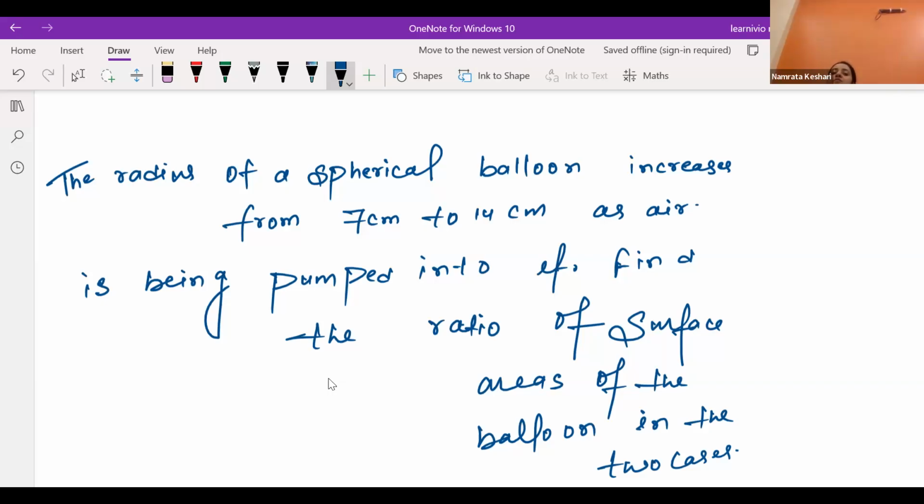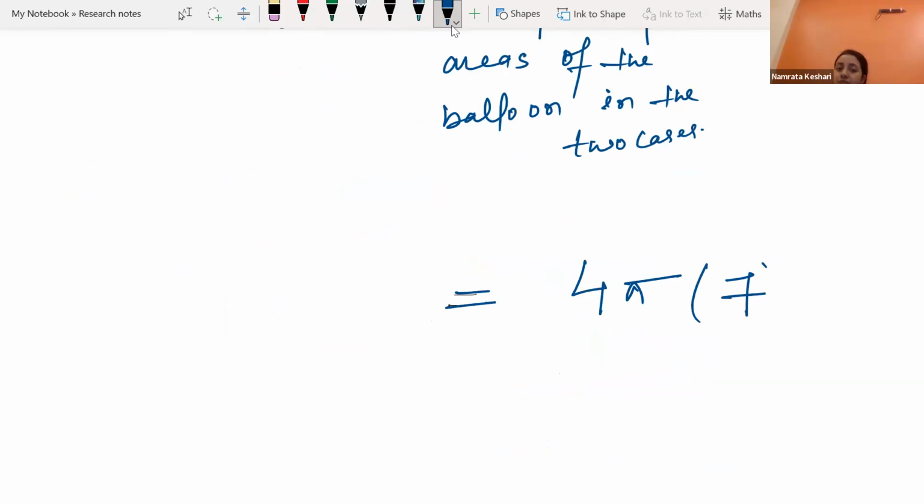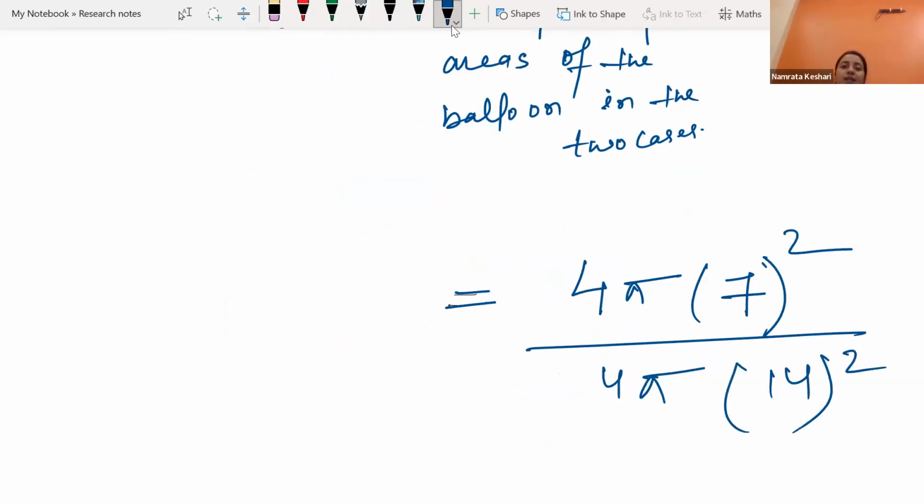We will find these two surface areas and then find the ratio. Do we want to find the ratio between these two directly without doing the calculation? The surface area formula is 4 pi r square. So surface area with this radius by surface area with this radius, can we do directly also?